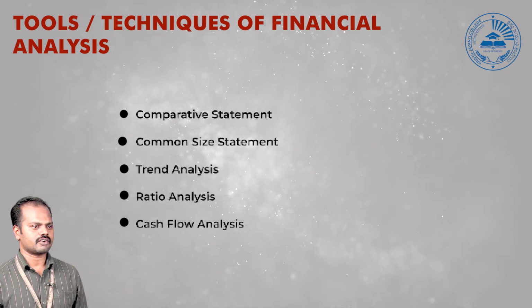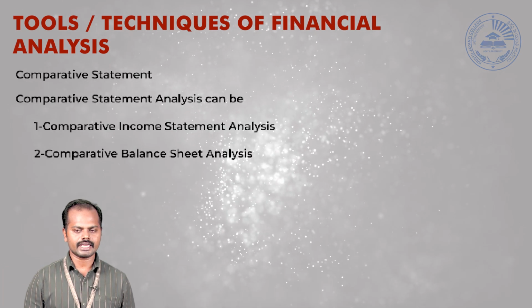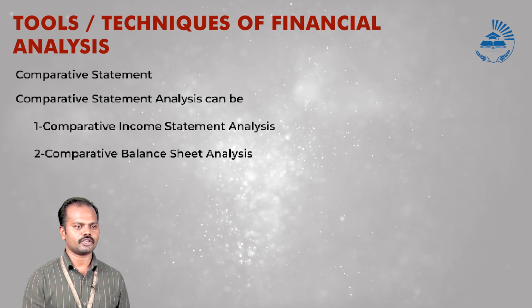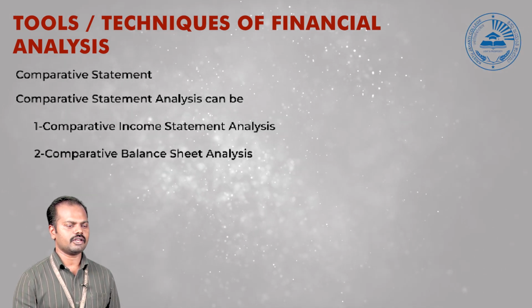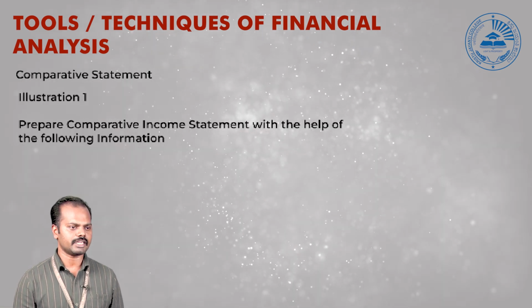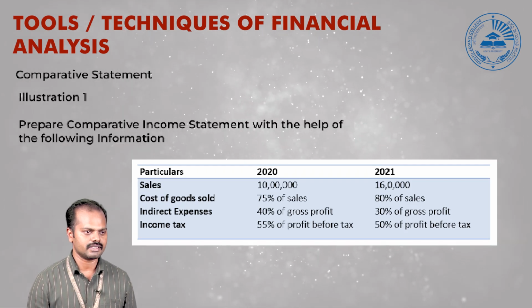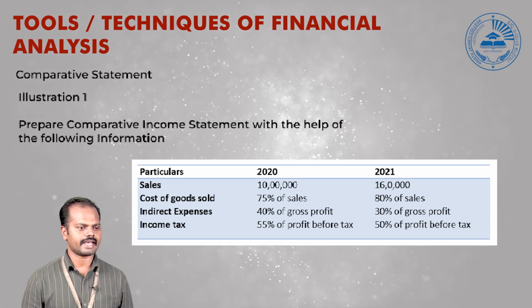So let's start with the first one, comparative statement analysis, which can be done as comparative income statement analysis and comparative balance sheet analysis. One illustration: prepare a comparative income statement with the help of the following information. Here there is one example with sales, cost of goods sold, indirect expenses and income taxes.